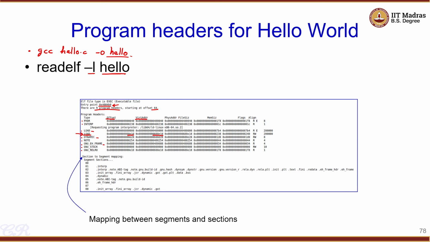So it would copy this particular segment from an offset of E10 and load it into memory at this particular virtual address 600 E10, right? So we know now that there is a mapping between what is present in the ELF file and where that particular segment should be loaded in the virtual address space of the process.